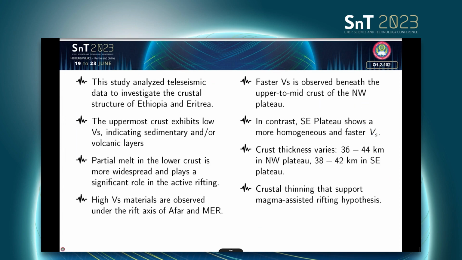From this we can conclude that using teleseismic earthquakes, we have observed low Vs in the upper crust, where sedimentary and volcanic eruption is physically observed, and partial melt in the lower crust is more widespread in the rift system, and fast Vs is observed beneath the rift axis. From this we can understand that rifting is facilitated by high magmatic intrusion along the rift system.